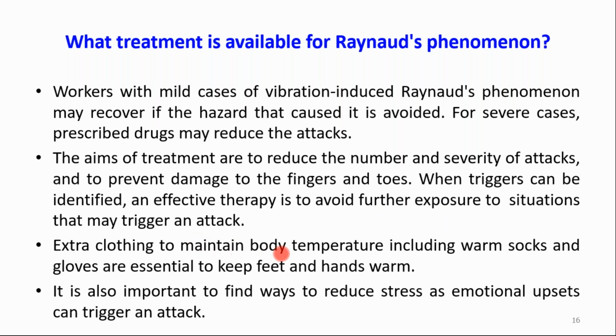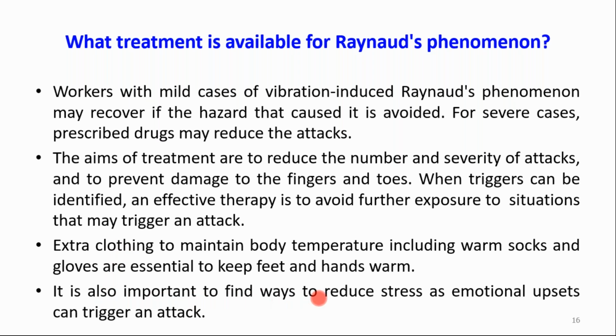Extra clothing to maintain body temperature, including warm socks and gloves, is essential to keep feet and hands warm. So if the work is not avoidable, then you can go for extra clothing to increase the temperature of your body and to avoid Raynaud's phenomenon and to have proper blood circulation in your body.